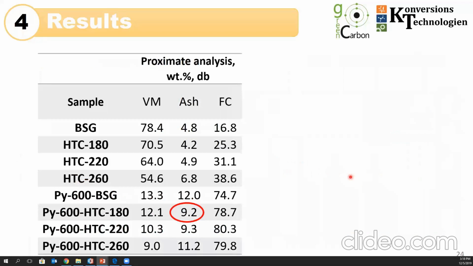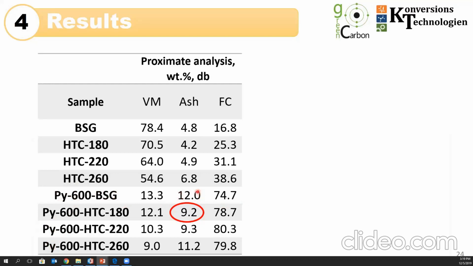Then let's take a look at some proximate analysis. So we can observe here the volatile matter, ash content, and fixed carbon of raw BSG, as well as produced hydrochar. And I selected for this comparison pyrochar produced at 600 degrees from brewer's spent grains, as well as from all the 3 hydrochars. So we can observe, comparing the properties of one process, pyrolysis of BSG, the ash content is around 12%.